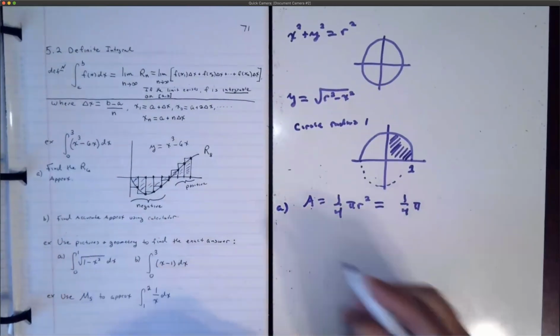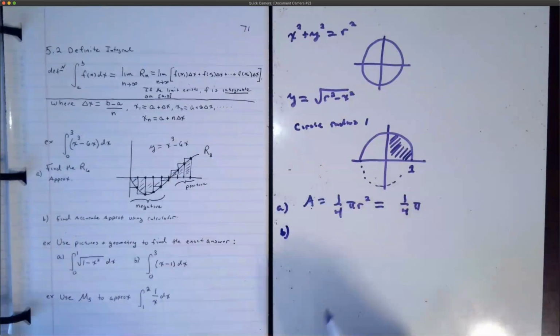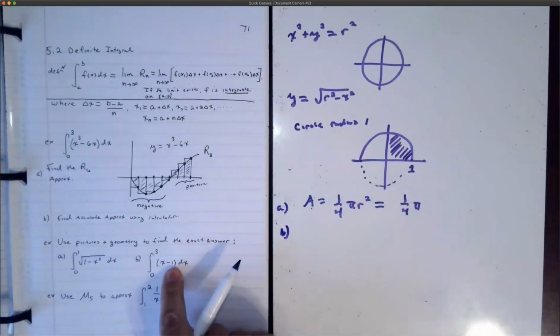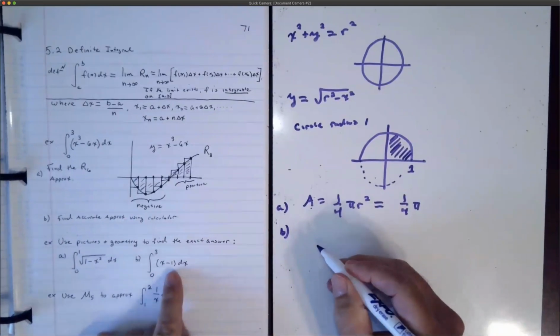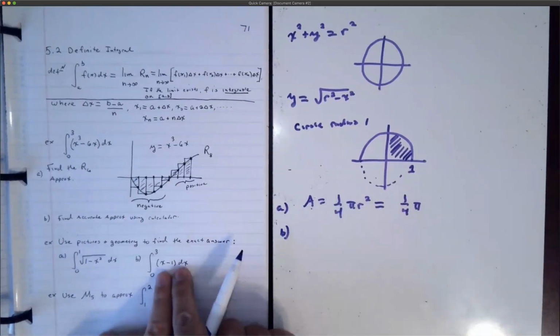Okay, B. We can graph this. So try to graph this and recognize the area also from geometry. So pause the video for a moment and see if you could do that.